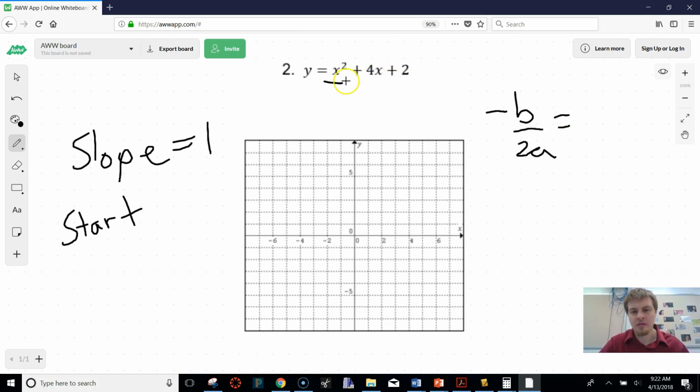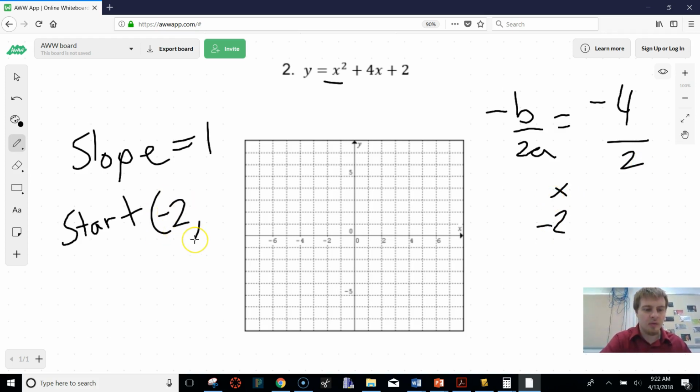So our b value is 4, so we're going to do (-4) over 2a, which 2 times a is 1, so that's 2, so we're going to end up getting (-2). This is the x value, and then for my start point I also need a y value. How I find a y value is I take this x value and I plug it into here.